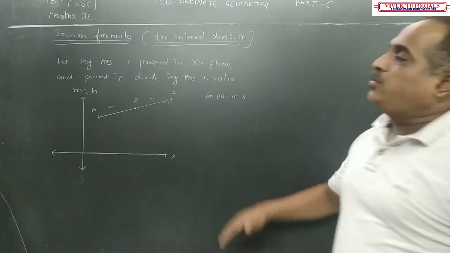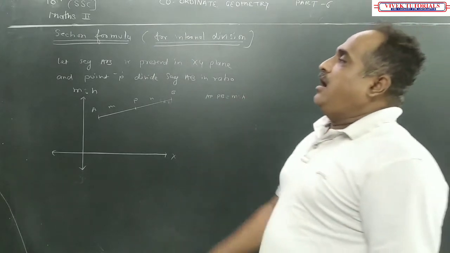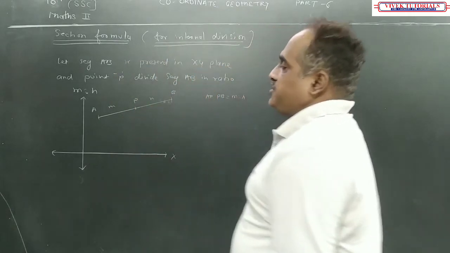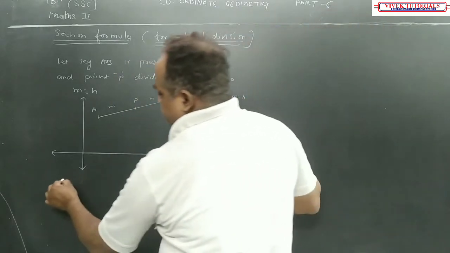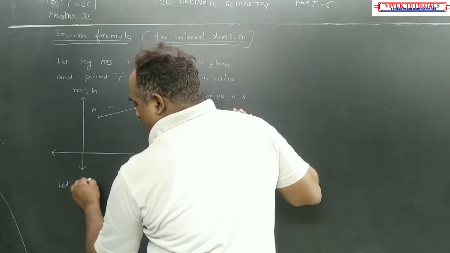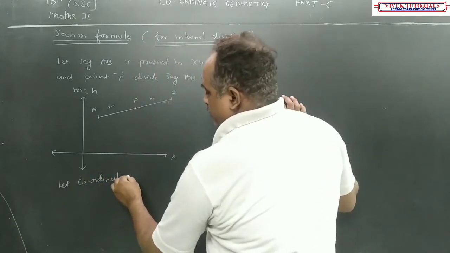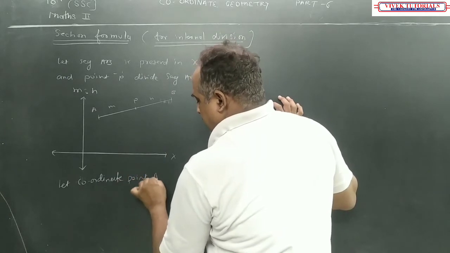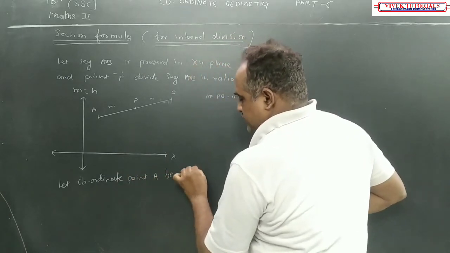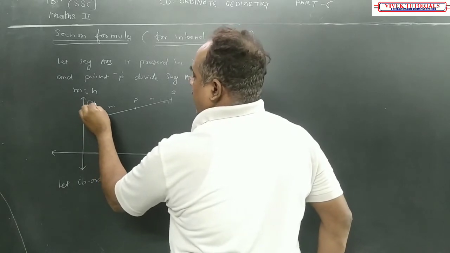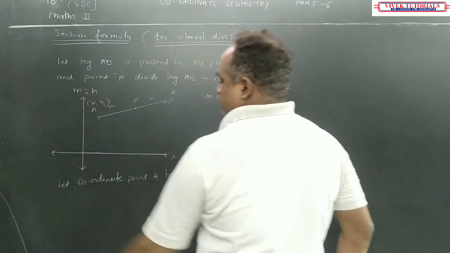So we are going to find out the section formula for internal division. Let the coordinates of point A be x1, y1. For A I am going to take x1, y1.